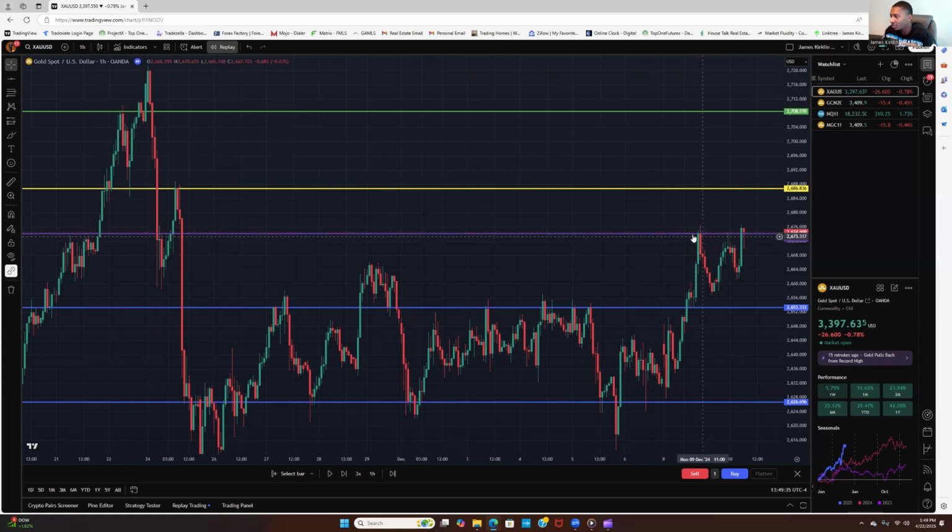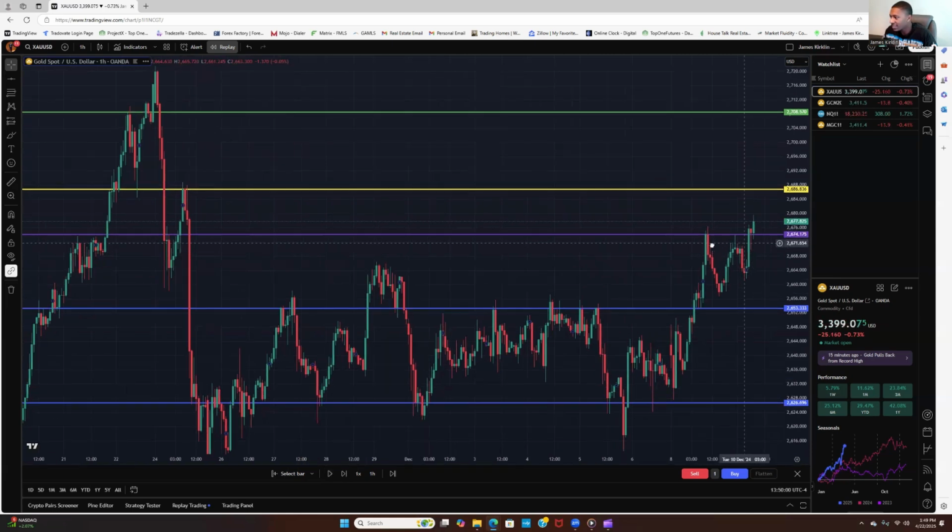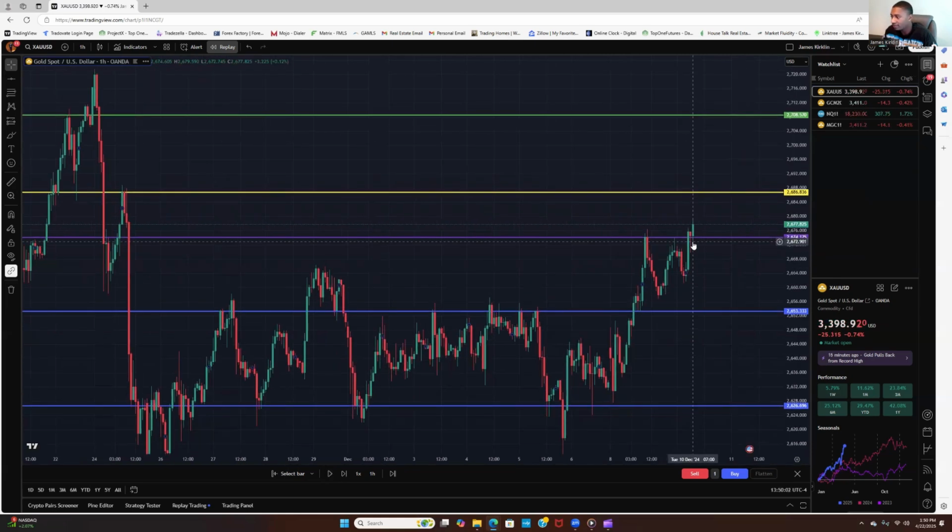So I got a candle to close above here. Now let's see what happens when I finally get to the desk. So let's slow this down so it doesn't take off on me. So this candle is my 7 a.m. candle closure, right?